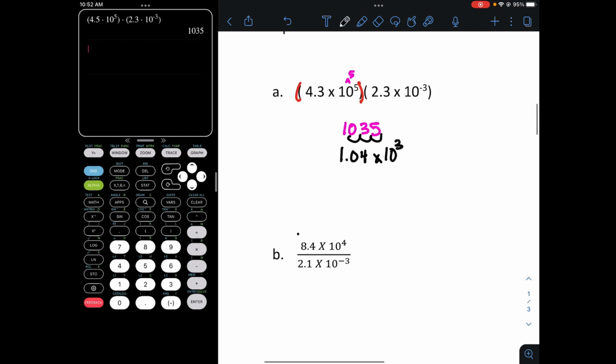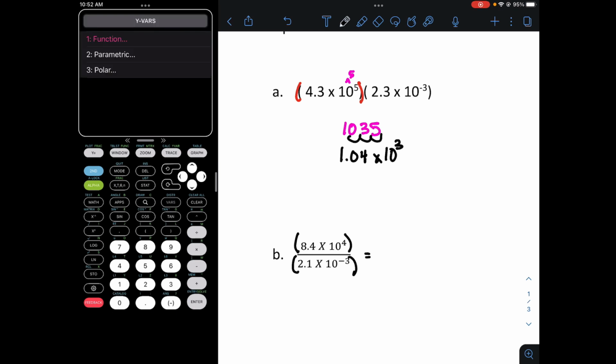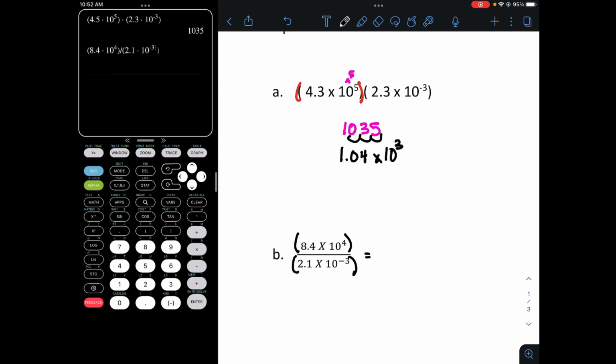For division, just make sure you have everything in parentheses. So be careful with that. 8.4 times 10 to the 4th divided by 2.1 times 10 to the negative 3rd, and those parentheses.